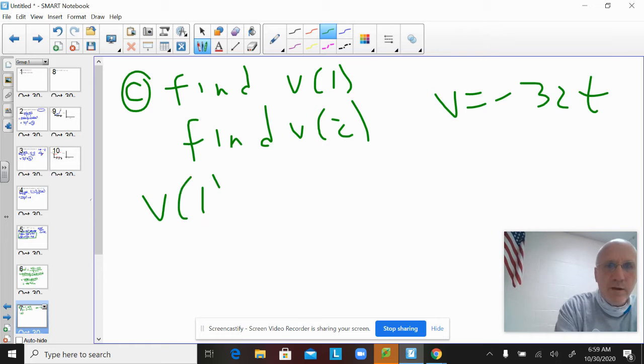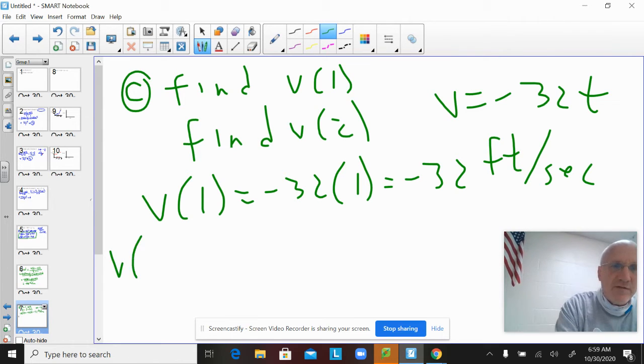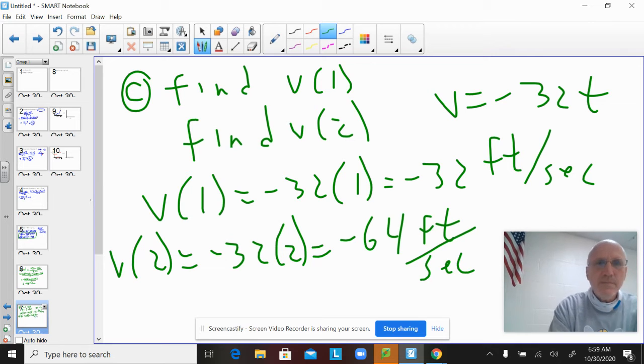So v of 1 would just be negative 32 times 1, which is negative 32. This is velocity, so it is feet per second. And then v of 2 is negative 32 times 2, which I believe is negative 64 feet per second. All right, that was C.